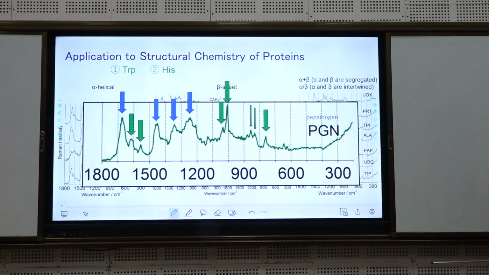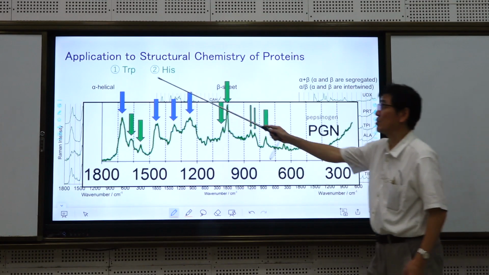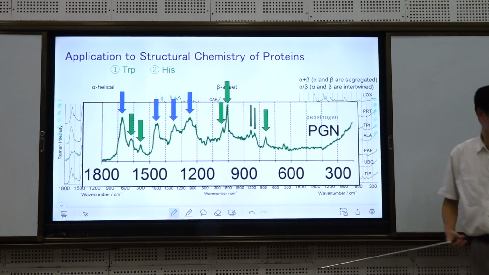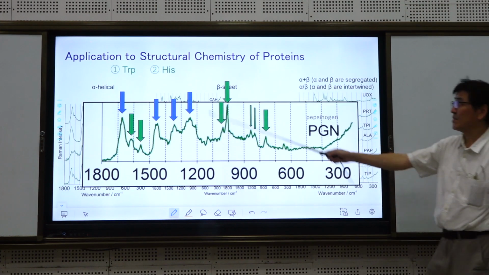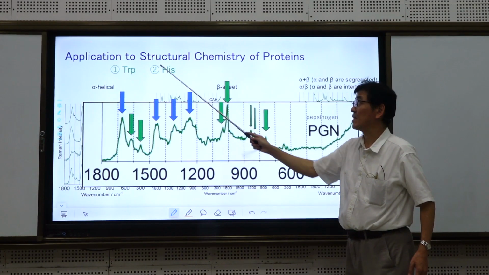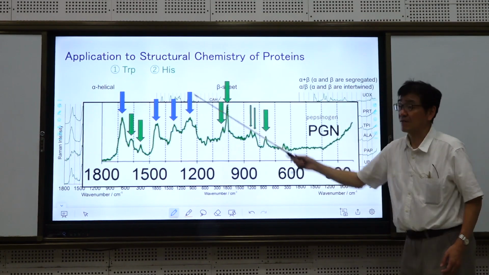They are aromatic side chains, and aromatic side chains have absorption. So it's possible to choose the excitation wavelengths to resonate to the absorption of these bands. So tryptophan and histidine can be selectively detected by resonance Raman.